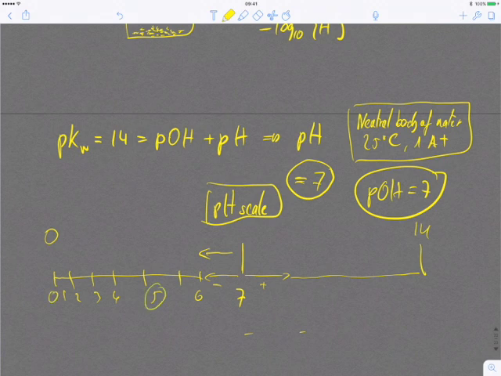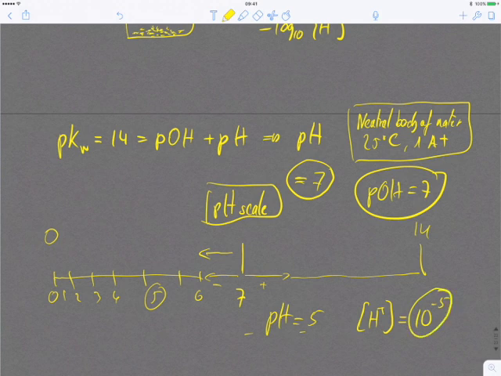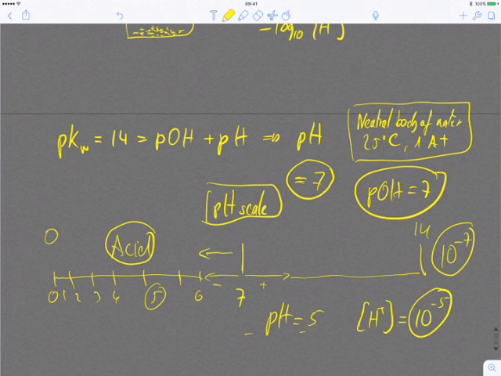If you're taking 5, for example, so the pH will be 5, that means that the concentration of H plus in solution will be equal to 10 to the power of minus 5, which is higher than 10 to the power of minus 7, which is at neutral pH. So it's going to be acid. You will increase the concentration of H plus in solution and decrease the concentration of OH minus in solution.